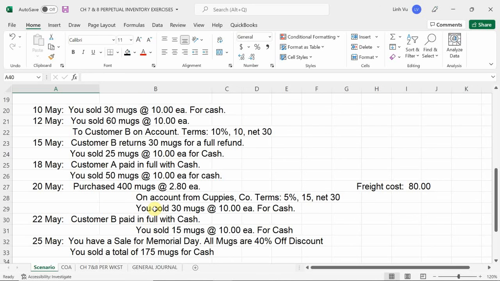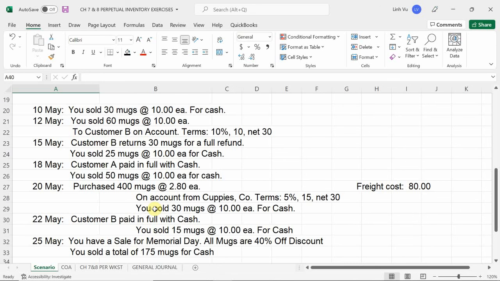Now, in this case, if I'm paying as of May 30th, did I make the discount due date? Yes. In this case, I am going to be receiving a 5% discount because I paid within the discount due date. I had until June 4th to make a payment in order to receive this 5% discount.